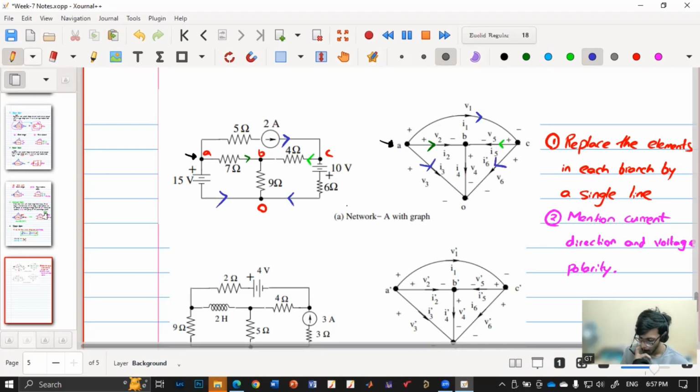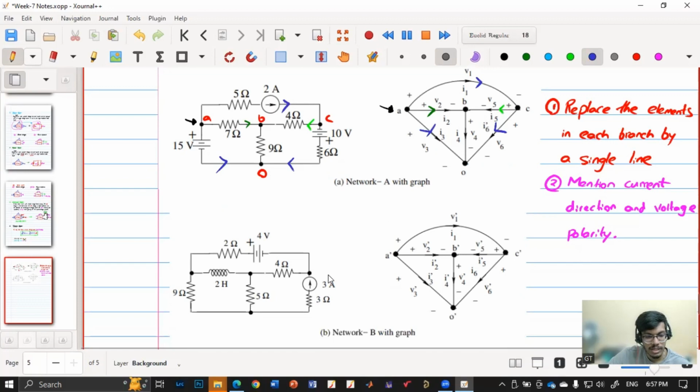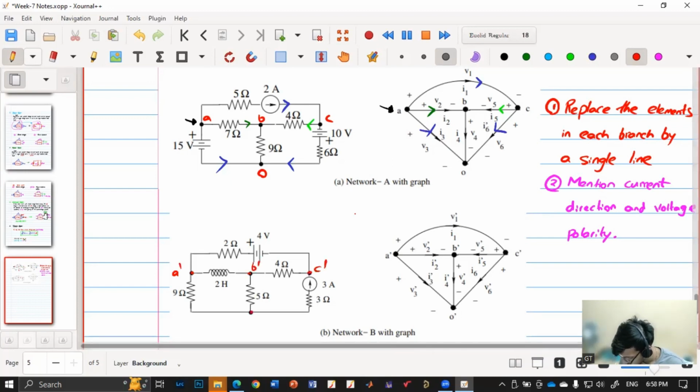Similarly, if you consider these two circuits, they are different. But if you draw the graph, considering the same voltage and current polarities and directions, their graphs are exactly similar, isn't it? This one is A dash, this one is B dash, this one is C dash, and this one is O dash.